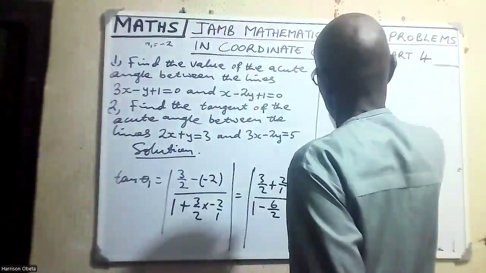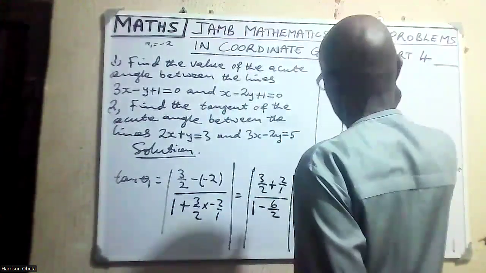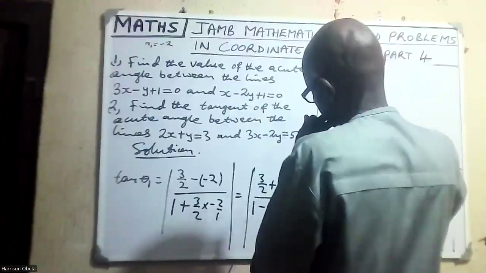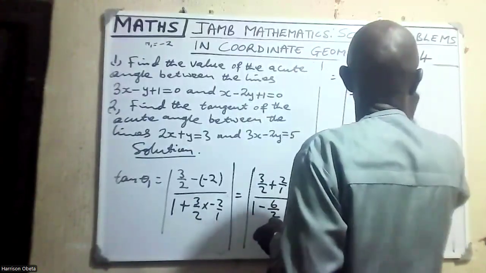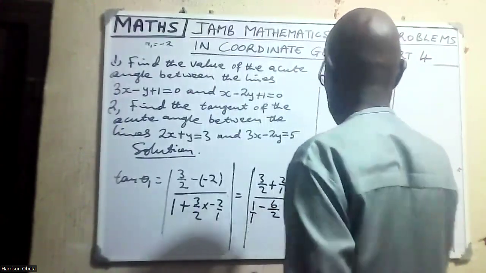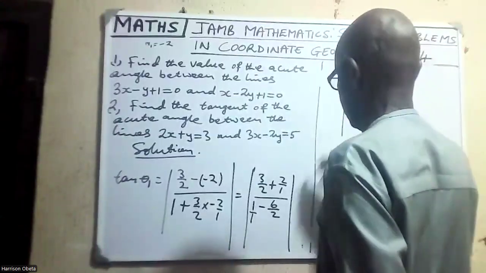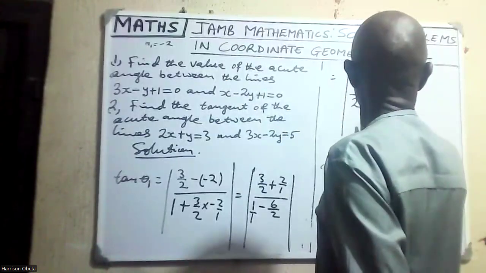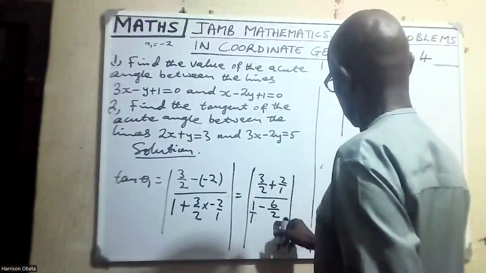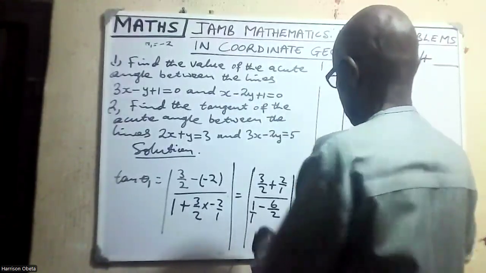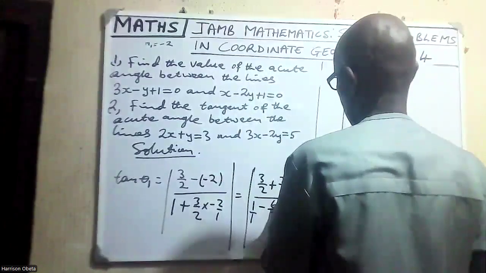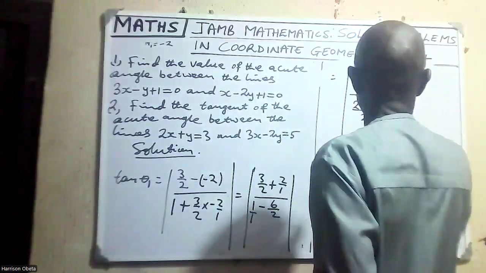To simplify, the LCM is 2. The upper part is 3 plus 2 times 2, which is 4, so we have 7 over 2. The lower part is 1 over 1, the LCM is 2, so 2 minus 6, which gives minus 4 over 2.